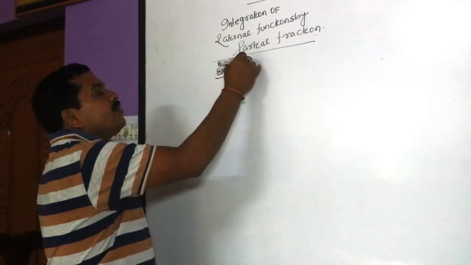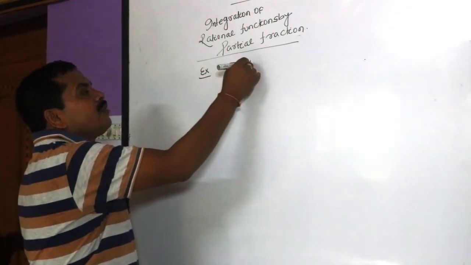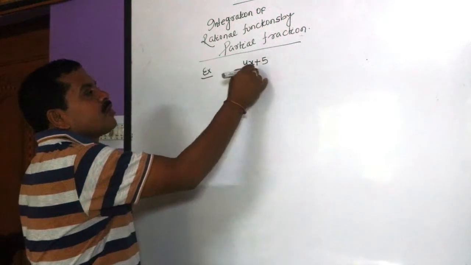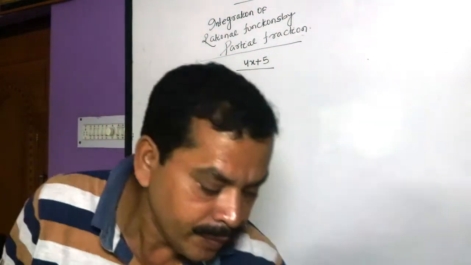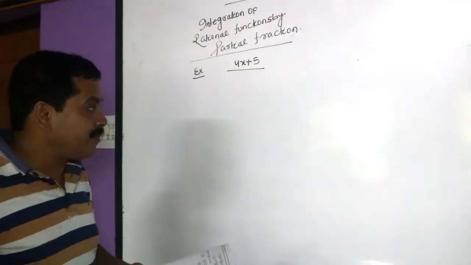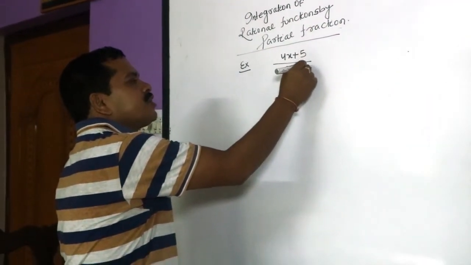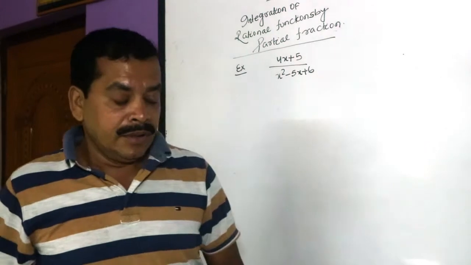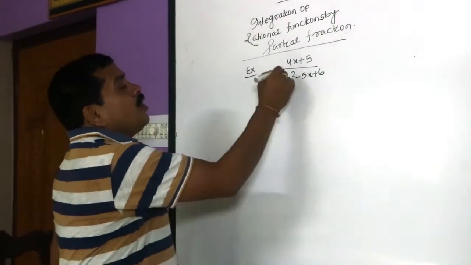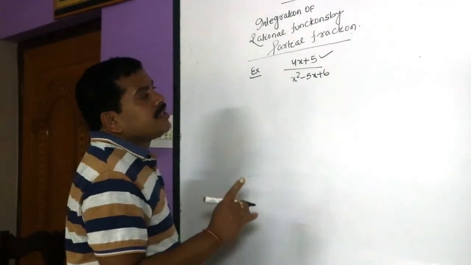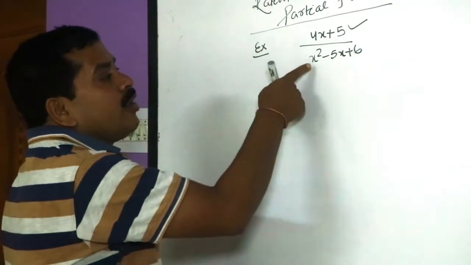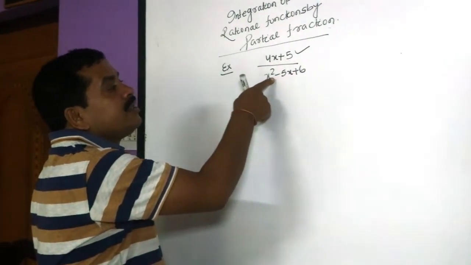suppose the rational function is of the form (4x plus 5) by (x square minus 5x plus 6). The polynomial in the numerator is of degree 1 and the polynomial in the denominator is of degree 2.